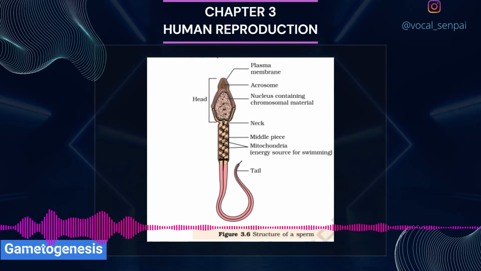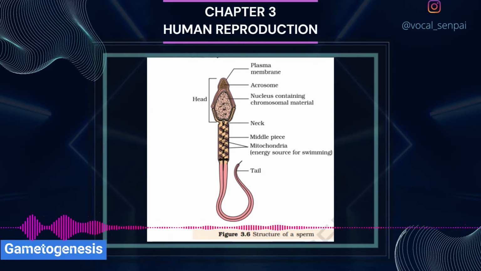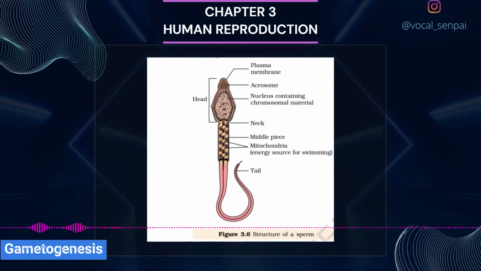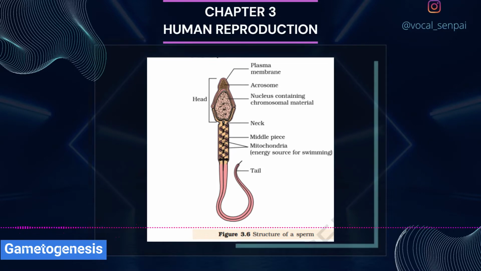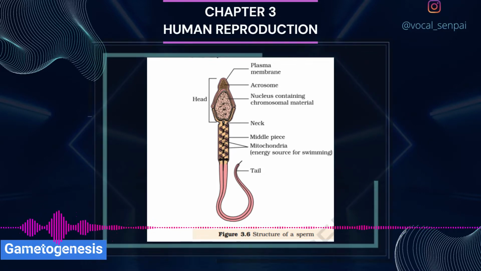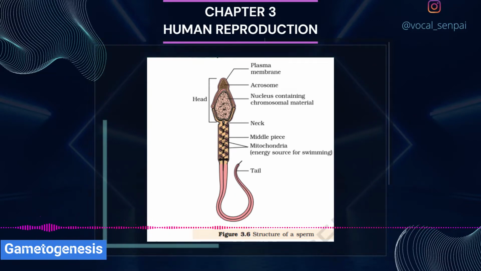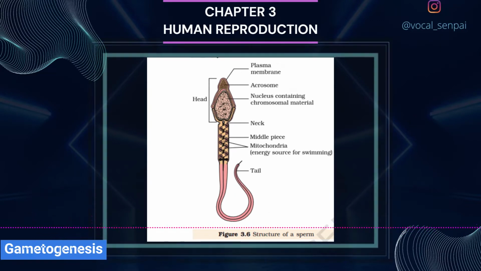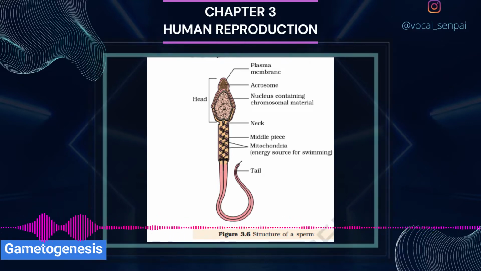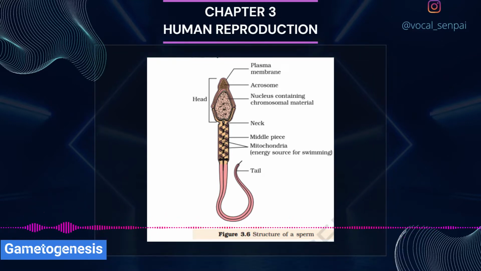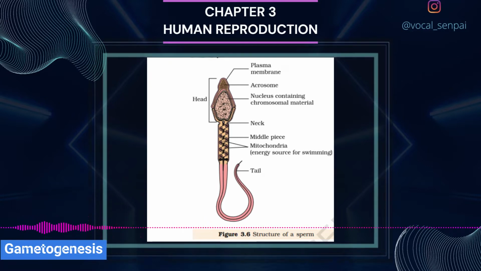The middle piece possesses numerous mitochondria, which produce energy for the movement of tail that facilitates sperm motility essential for fertilization. The human male ejaculates about 200 to 300 million sperms during a coitus, of which, for normal fertility, at least 60% sperms must have normal shape and size, and at least 40% of them must show vigorous motility.